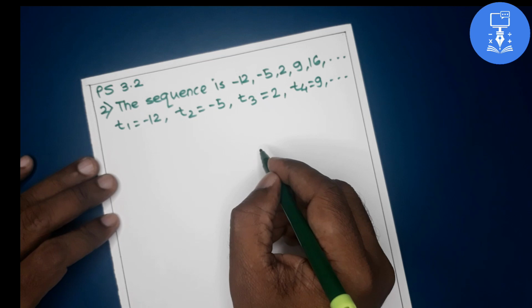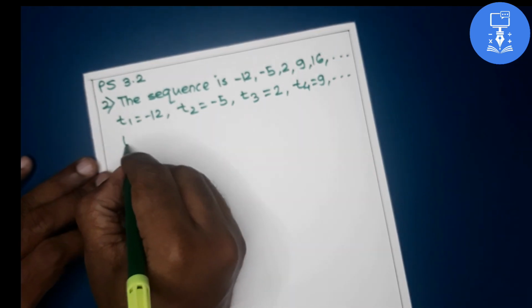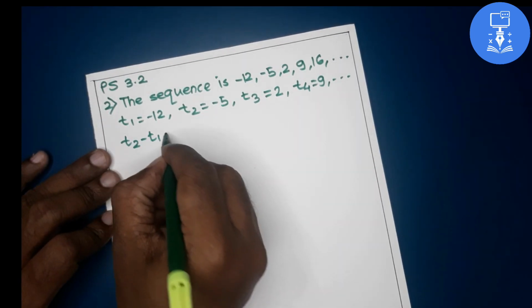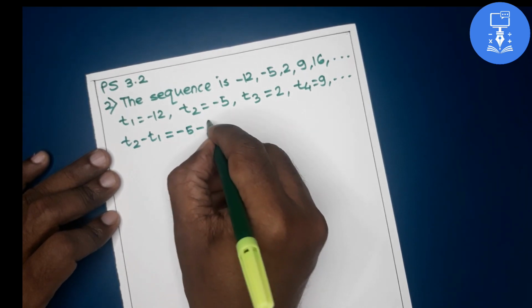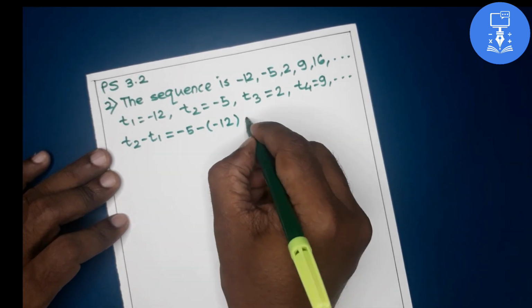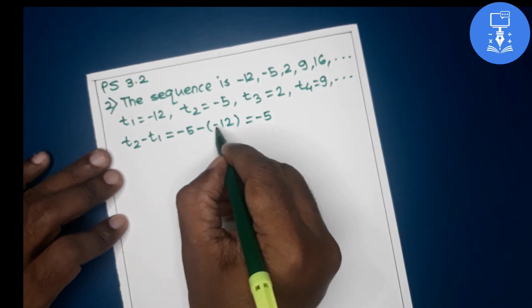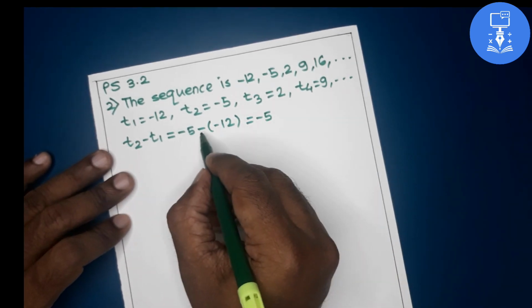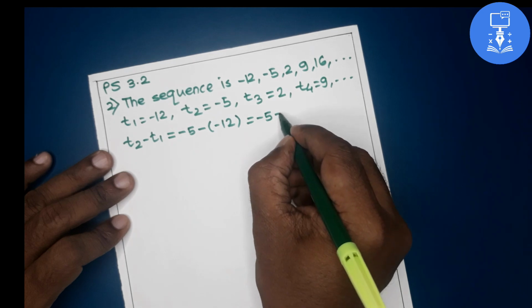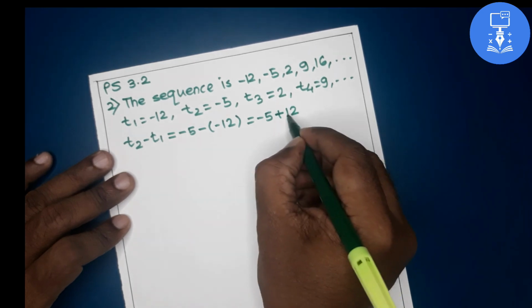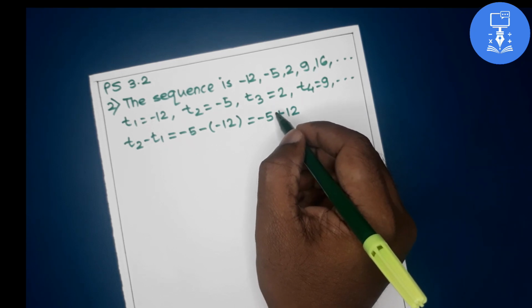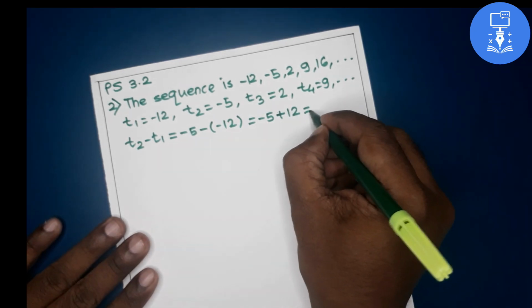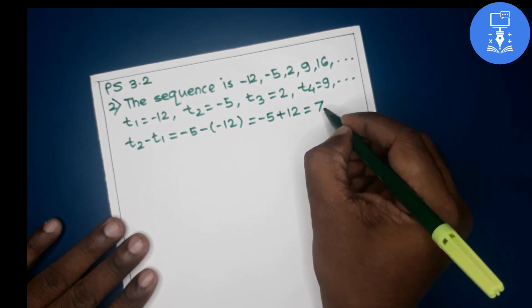So let's find the common difference. T2 minus T1: T2 is -5 minus (-12). When we multiply a negative sign with a negative sign, we get +12. So if the two numbers have different signs, we subtract them, and in this way we get the difference as 7.